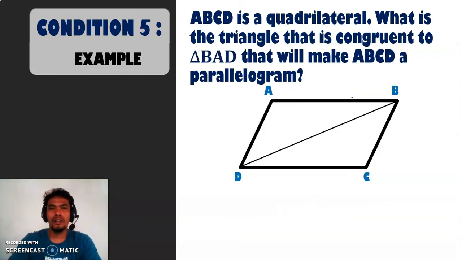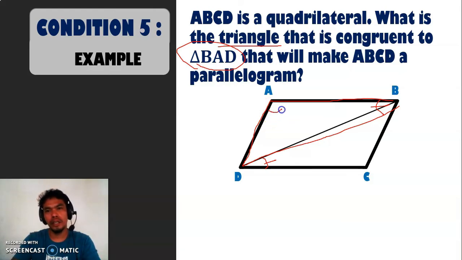Okay, application for condition number 5, we have ABCD is a quadrilateral. What is the triangle that is congruent to triangle BAD that will make ABCD a parallelogram? Okay, if you try to look at the figure, since we are looking for the triangle that is congruent to triangle BAD, we have here angle B. This is congruent to angle D by alternate interior.